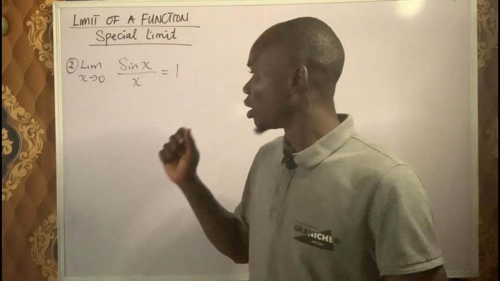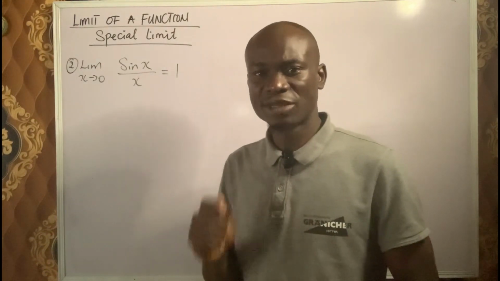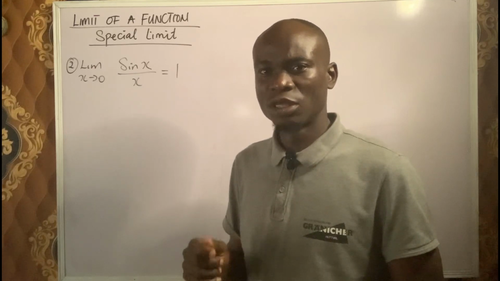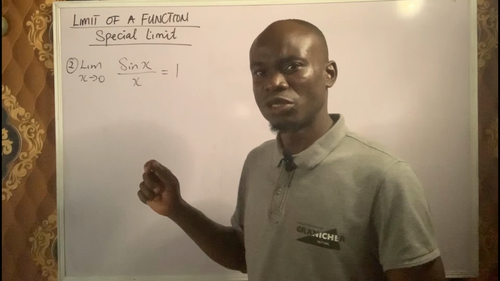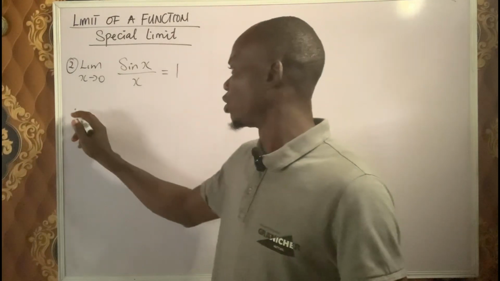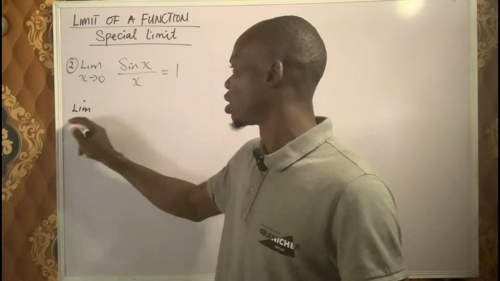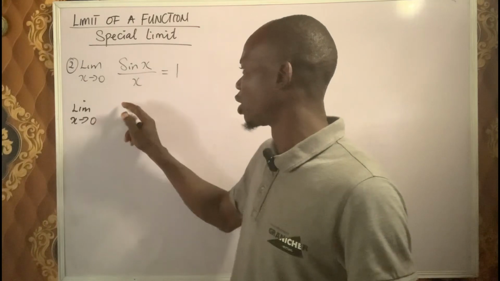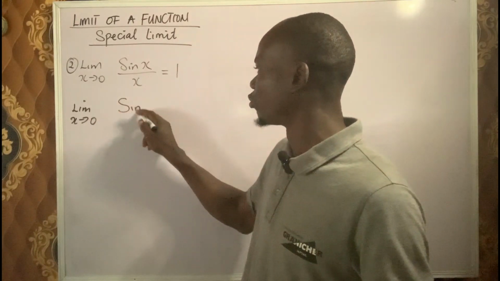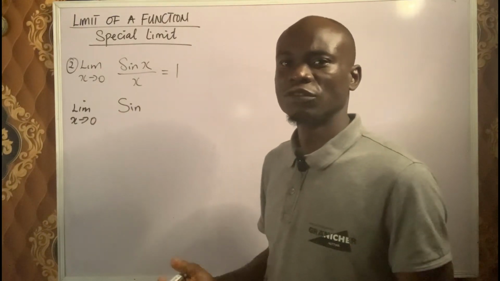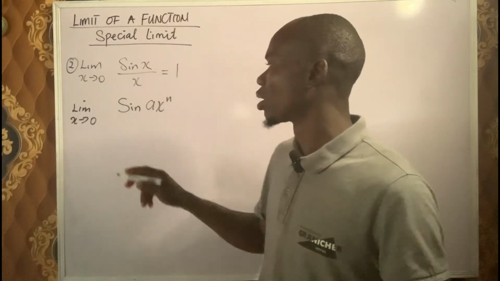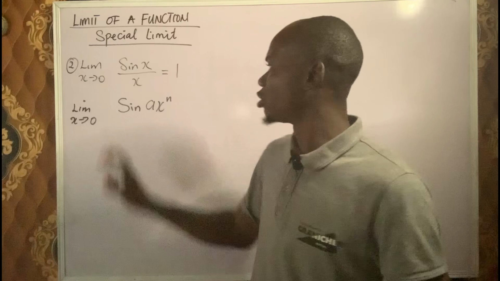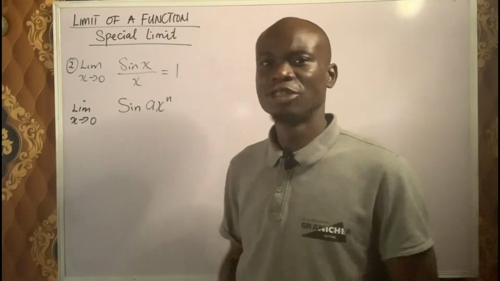If I'm solving a problem, limit as x tends to 0, and I come across a sine function carrying maybe ax raised to power n, I can make it look like this, and then it will be simplified.